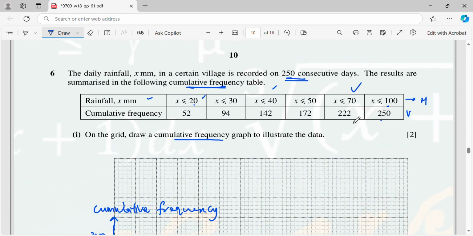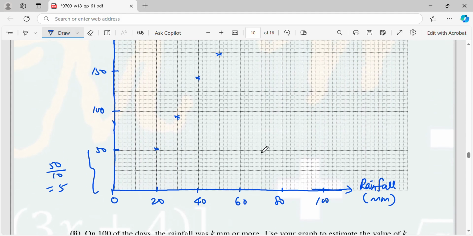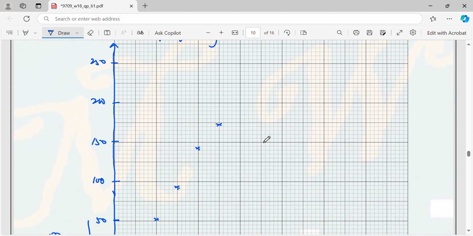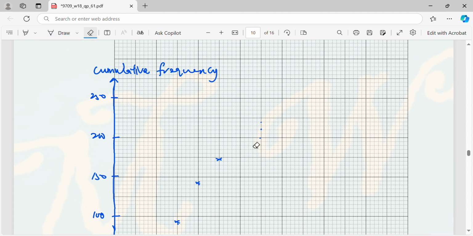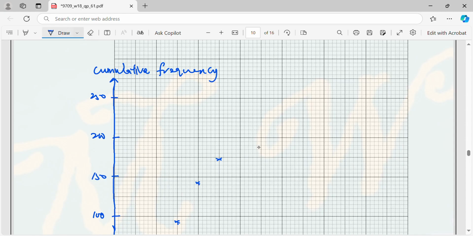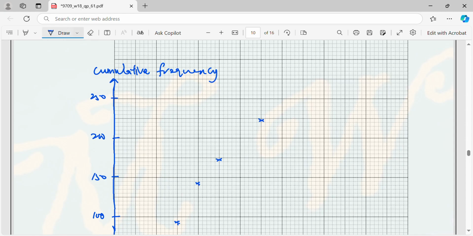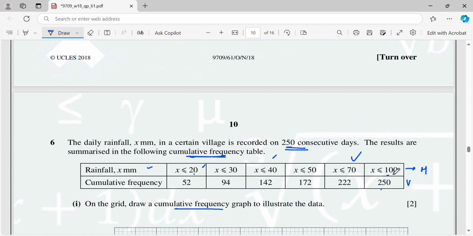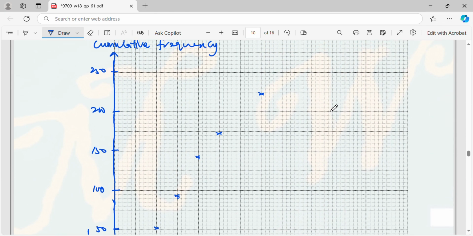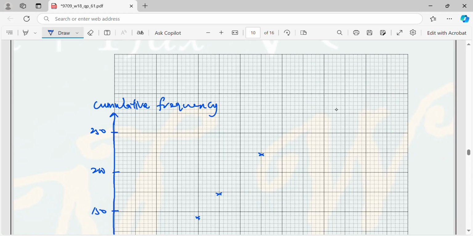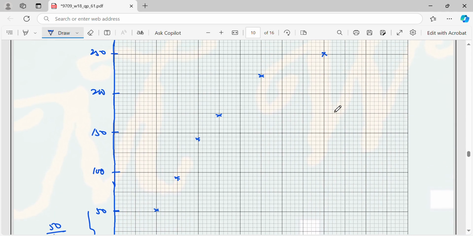Less than or equal to 70, 222. 70 is here. 222, 220, 210, 220. So it will be here. And then less than or equal to 100, 250. Okay, so now sketch a graph. Draw the points.